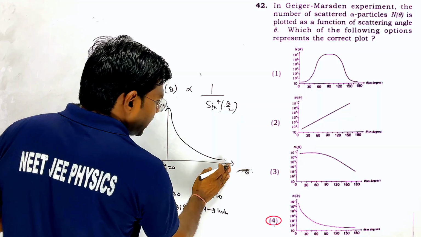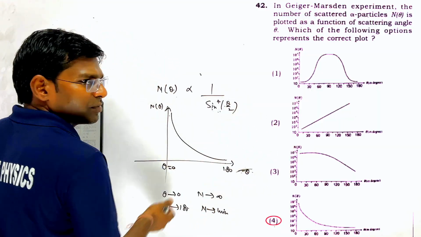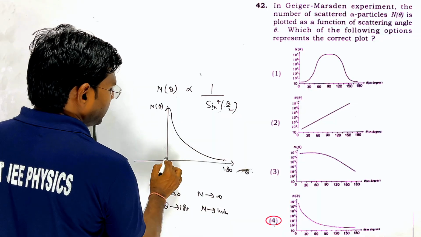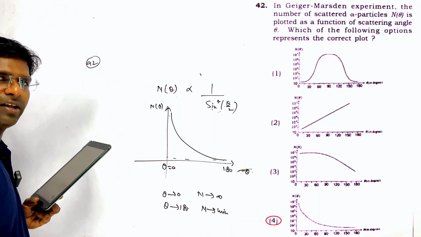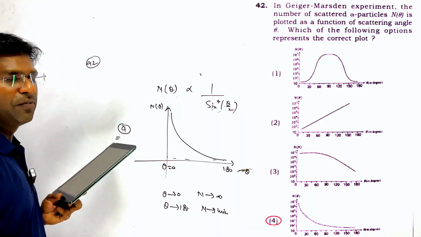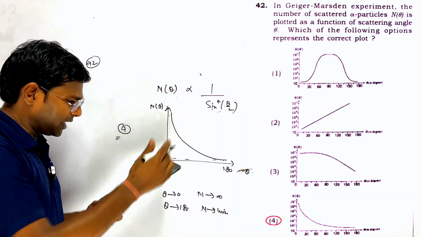So as theta increases, the maximum angle 180 becomes 90 for theta by 2, and the number of alpha particles deviating is minimum. So the fourth option is the correct option. If you have done this question correctly, write your answer.